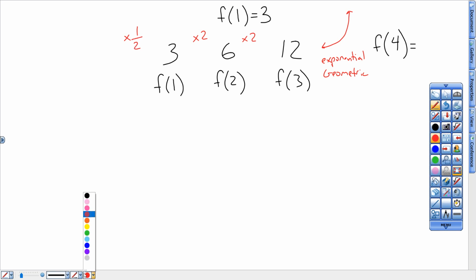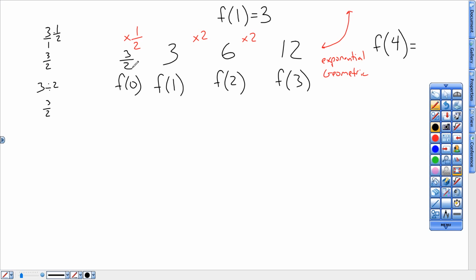But no matter what, going back to that zero term, timesing 3 by 1/2 gives me 3/2, or 3 divided by 2 gives you 3/2. So no matter what, that zero term is 3 over 2. That is the zero term.